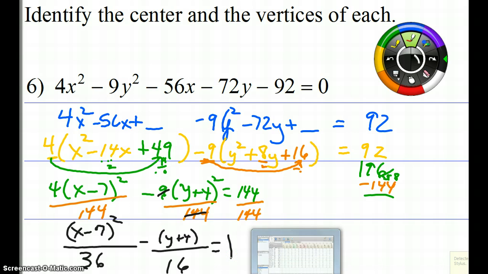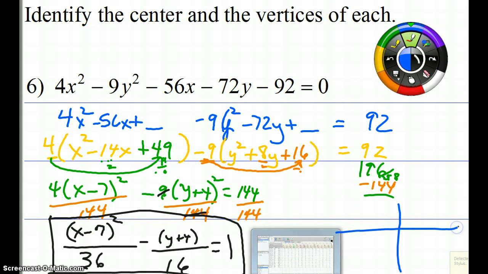Okay. On the quiz test tomorrow, you'll have to remember how to draw a hyperbola. Our center is at 7, negative 4. So 7, negative 4 would be about right here. This is the center. Since the x is first, our hyperbola will be going side to side.